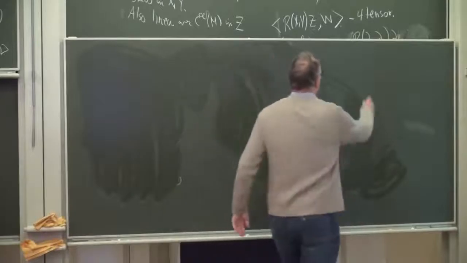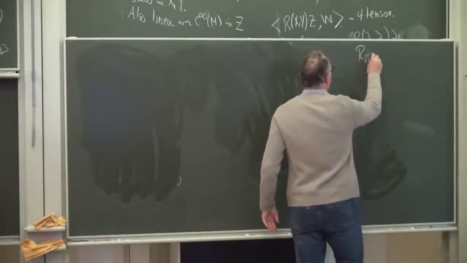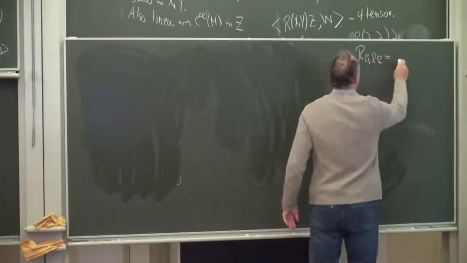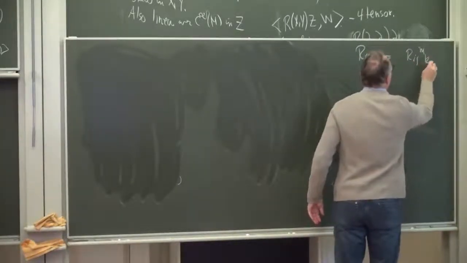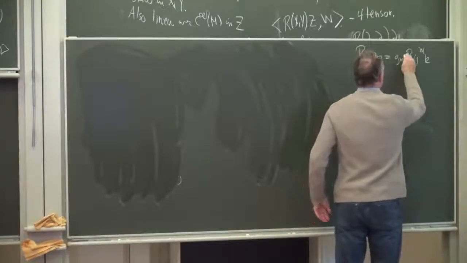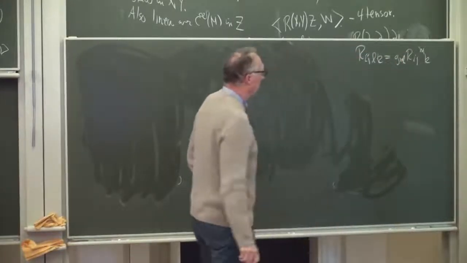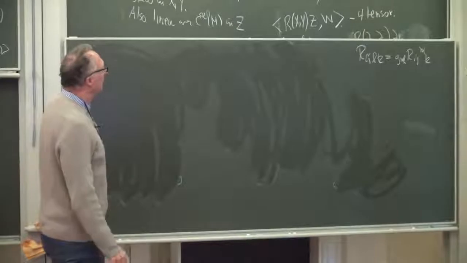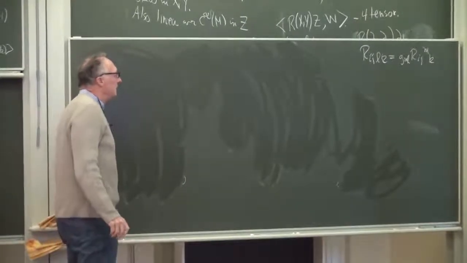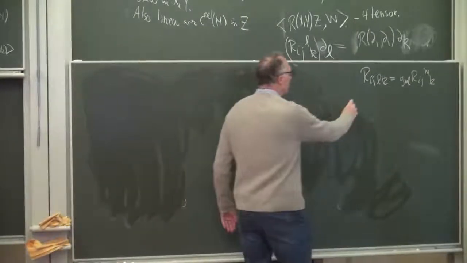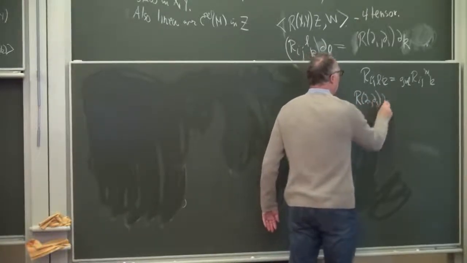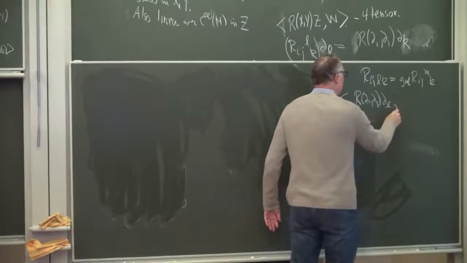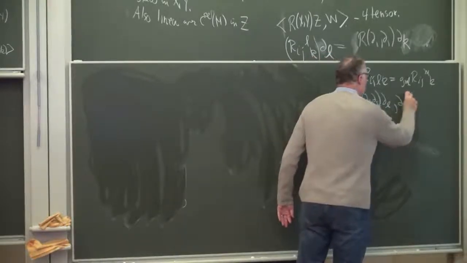And then we define in the usual way R_{ijlk} to be R_{ijm}^k g_{ml}, the usual way you raise and lower indices. And this is simply R(partial i, partial j) applied to partial l, inner product partial k.